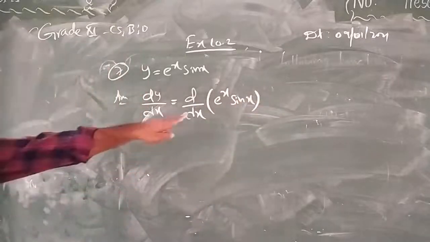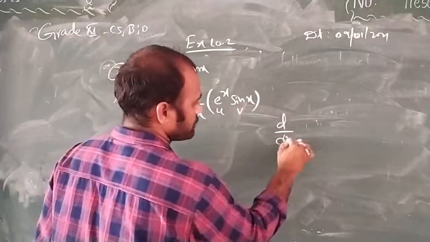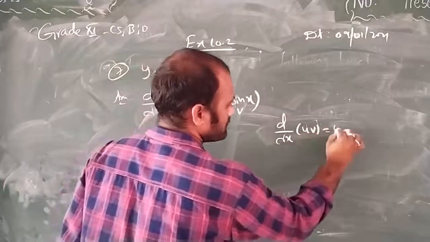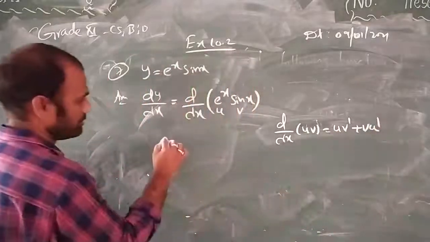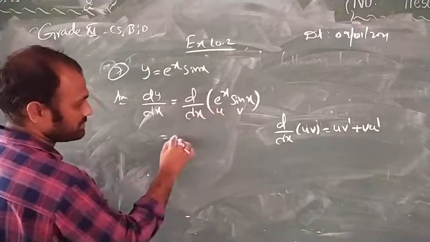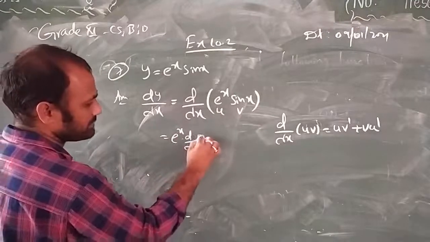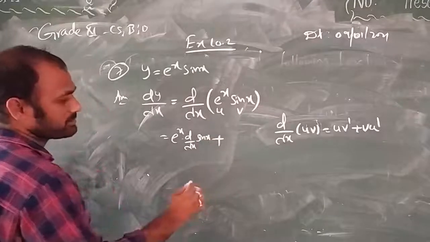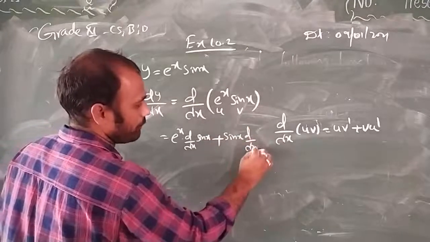Now it is in the format of uv, product rule. So d by dx of uv is uv dash plus vu dash. So first function as it is, e power x, derivative of sin x, plus second function as it is, sin x, derivative of e power x.